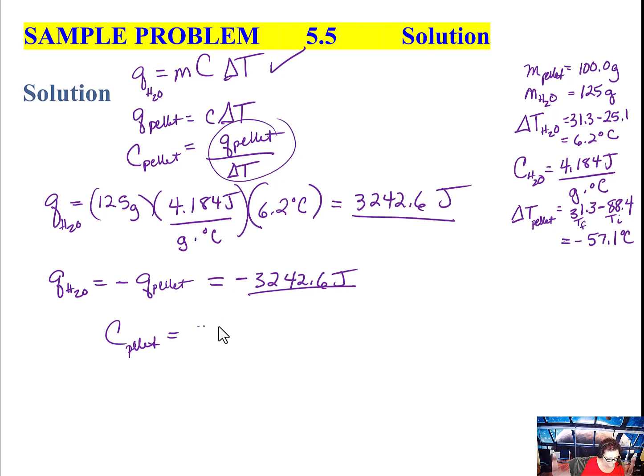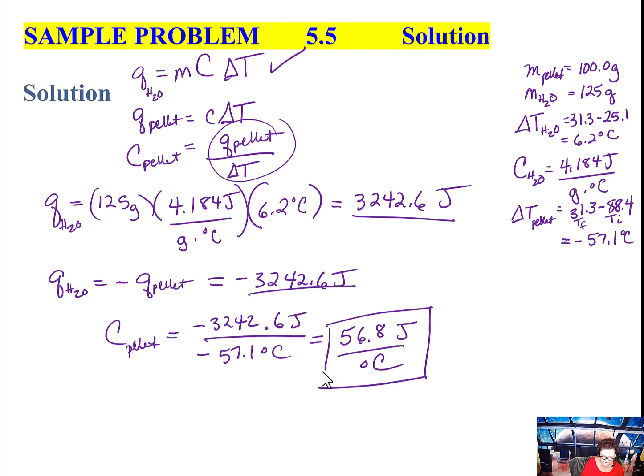So that's negative 3242.6 joules divided by a negative 57.1 degrees C. And since those are both negatives, they become positive: 56.8 joules over degrees C. And so that is the heat capacity of the pellet. So it will take 56.8 joules for every increase in degrees C.